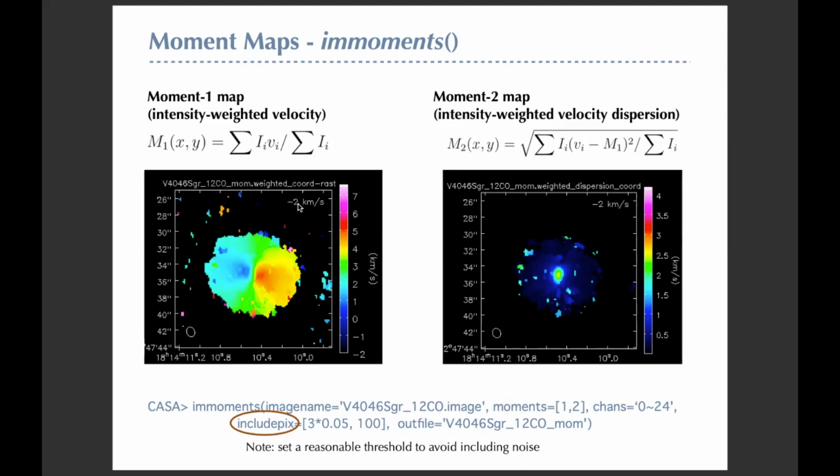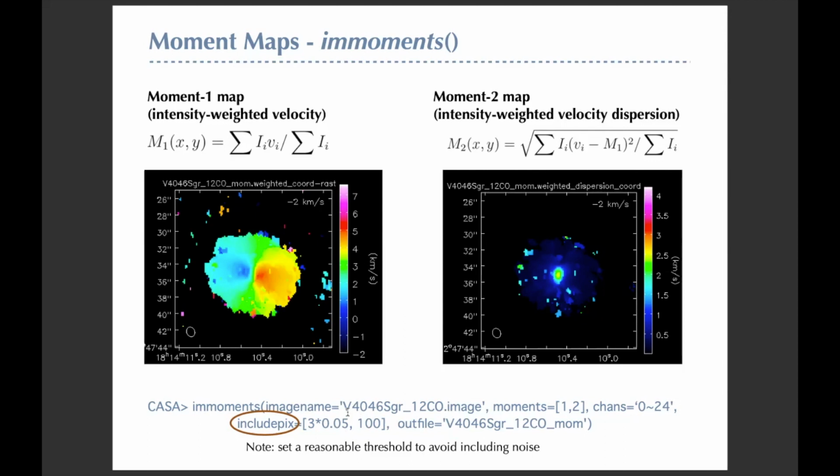When computing those higher order maps, it is important to set a threshold to only include pixels with significant emission. So in this example, I'm setting a clipping at 3 sigma of the emission in individual channels.